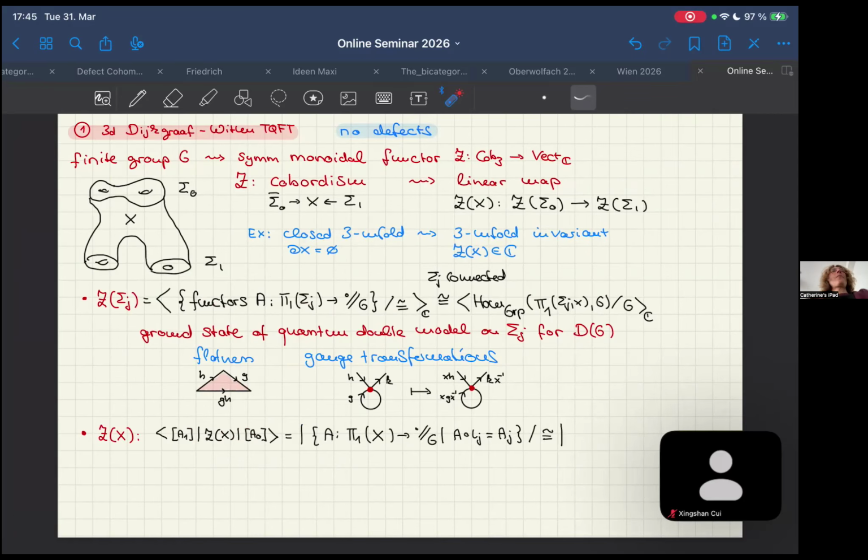Okay. Now we also need to think about the linear map that goes from the vector space for one boundary, sigma 0, to the vector space for sigma 1. And such a map we can describe in terms of matrix elements. And we say that the matrix element here is given by the functors from the fundamental groupoid of X, so the three-dimensional manifold now, into again the group as a groupoid with a single object.